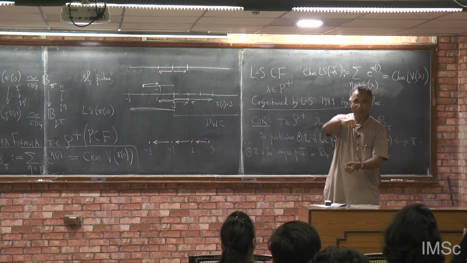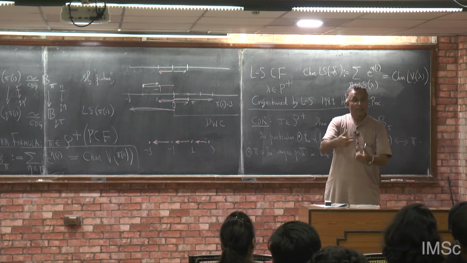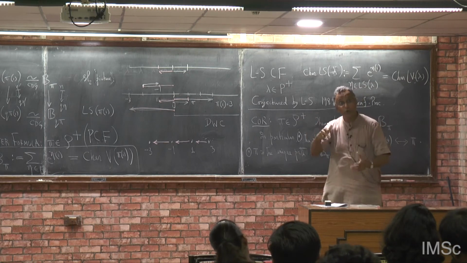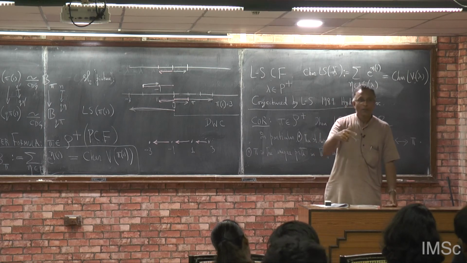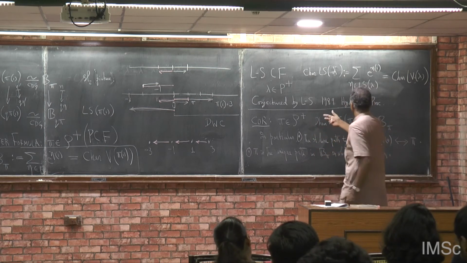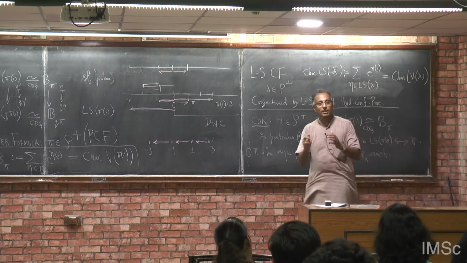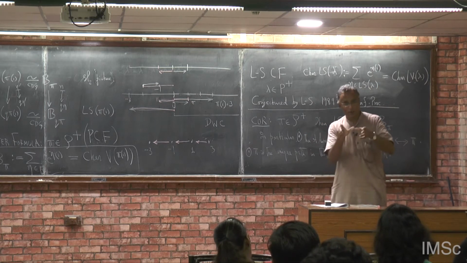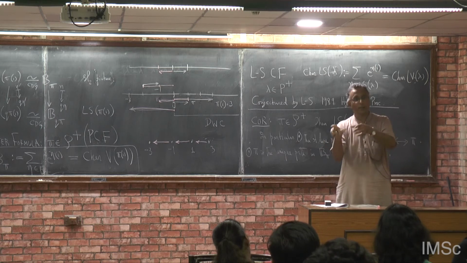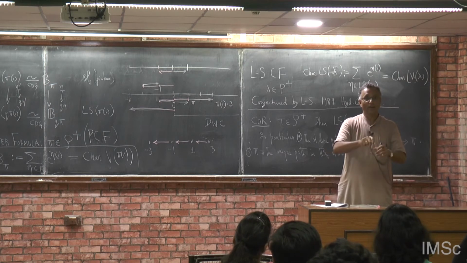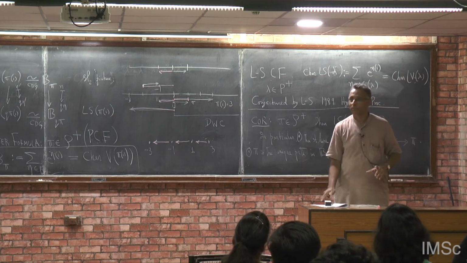He realized that the Lakshmibai-Seshadri characterization of rational paths with integrality properties gives precisely those paths that you get when you apply these F alphas to the straight line path.